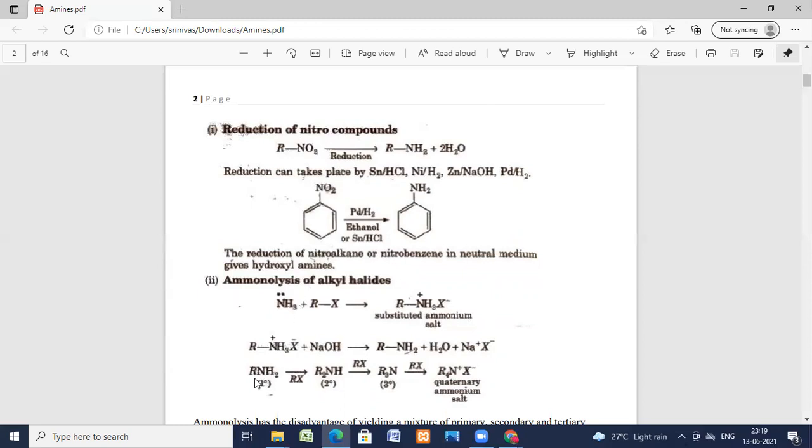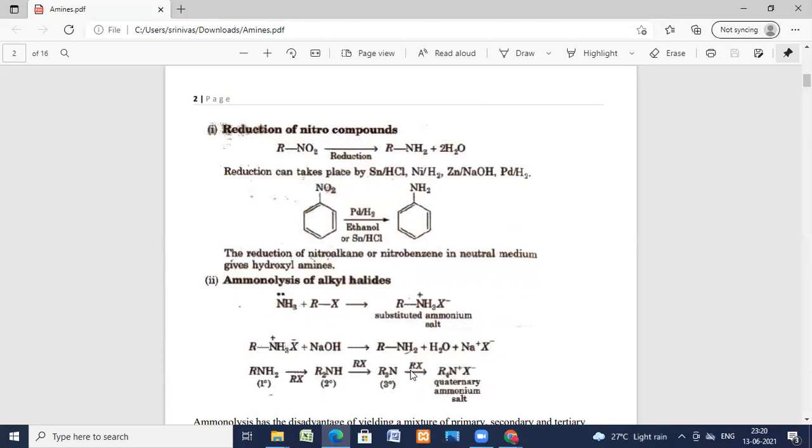Here, RNH2 on reaction with RX gives rise to R2NH. This is the secondary amine, because two R groups are present. If one R group is present, it is primary. Two R groups, it is secondary. Again, R2NH on reaction with RX gives rise to R3N. This is a tertiary amine.